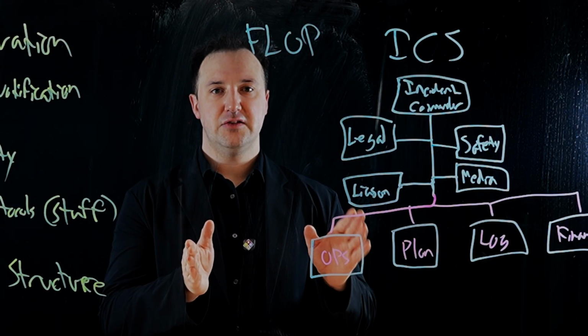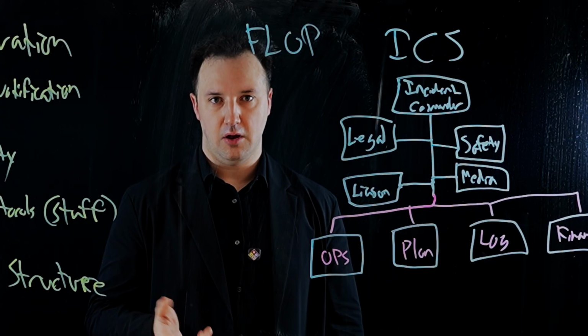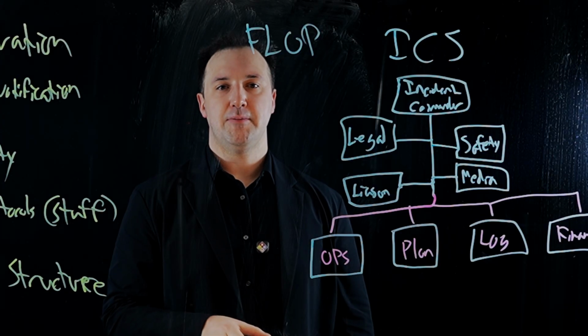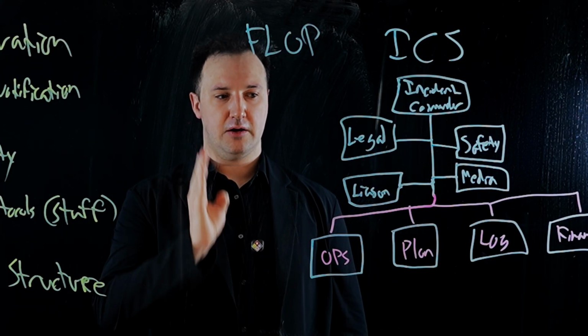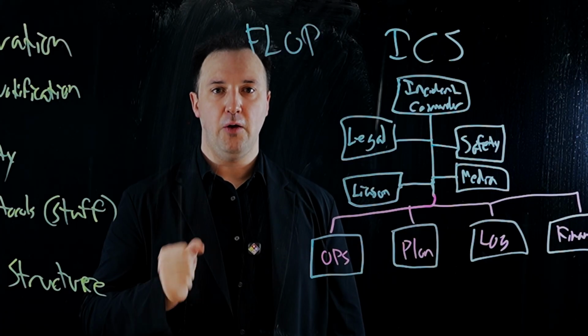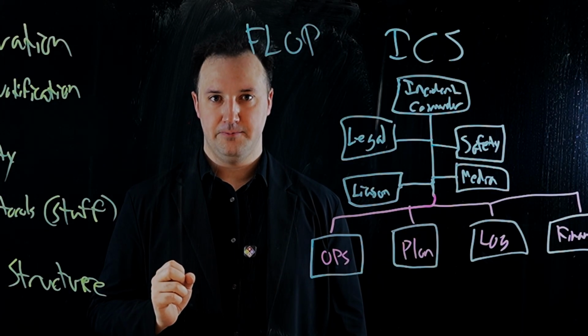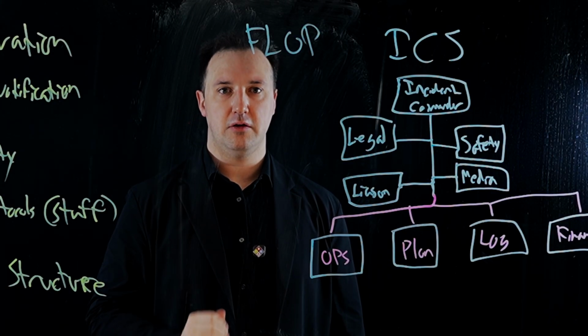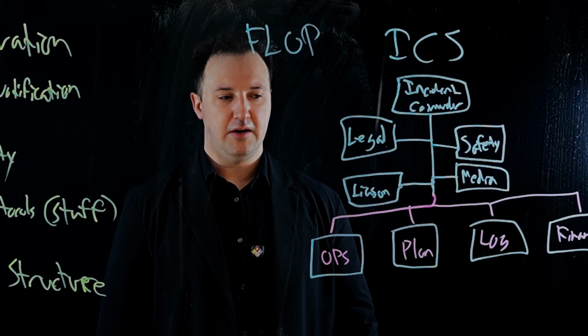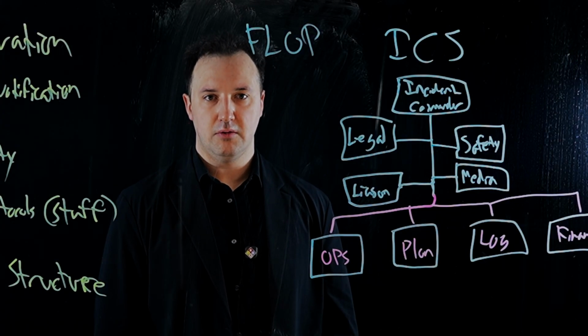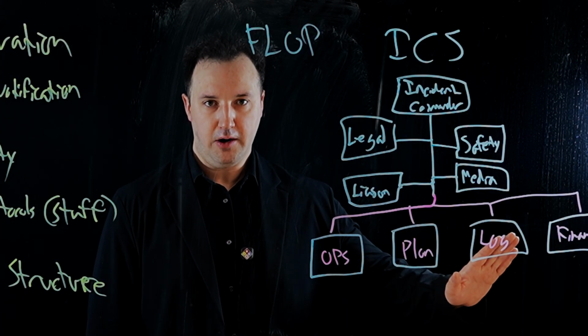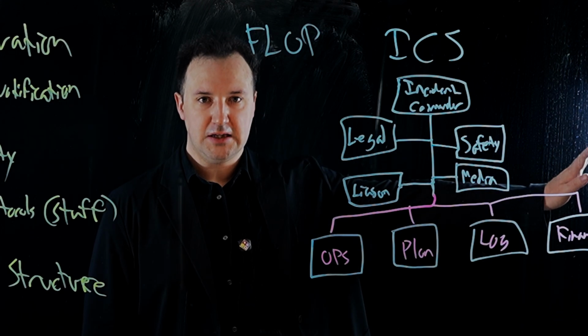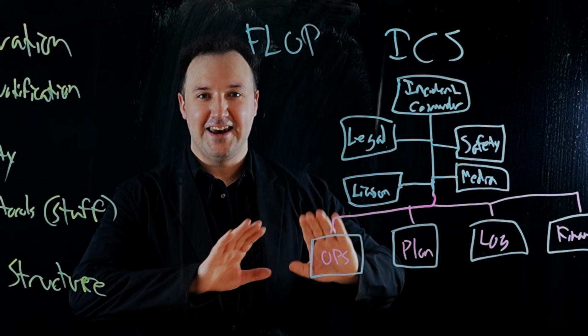Let's say it's 12 o'clock, and ops is going to care about what it's doing between 12 o'clock and 2 o'clock. Planning is going to say, okay, what are we going to do between 2 o'clock and 4 o'clock? If planning has an idea about what's happening at 1 o'clock, ops is going to go, it's 1 o'clock. I'm already operating. I don't care. You're telling me what to do at 2, right?